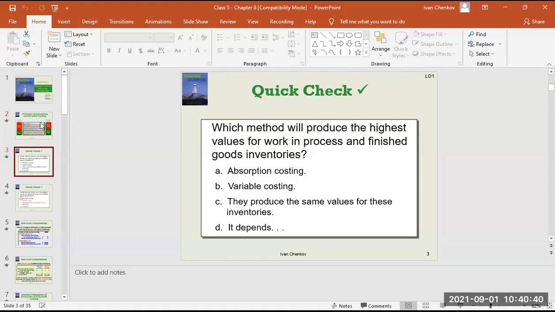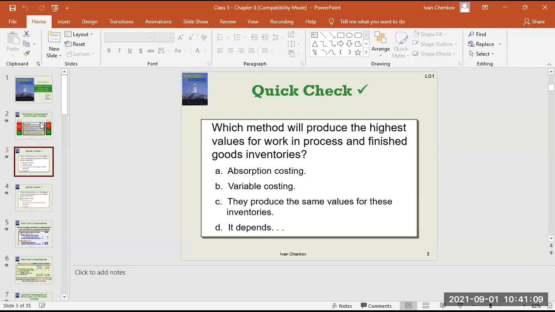So let's see the first question. Which method will produce the highest value of the work in process and finished goods inventory? Keep in mind that in the inventory we're carrying that additional absorption fixed manufacturing overhead cost.